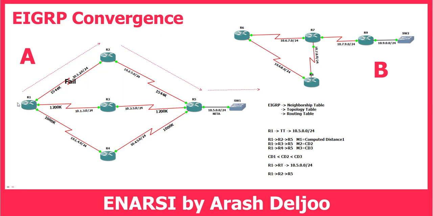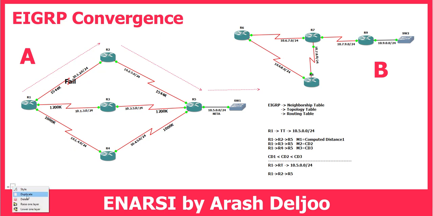Because now all of the traffic that was previously forwarded on this link is being dropped. Because of that, as soon as possible, we should redirect it to the next path. Here we have all paths: path 1, path 2, path 3, R1, R3, R5. Because in EIGRP we have all paths inside the topology table, it is not so hard to copy the next best path from the topology table to the routing table.